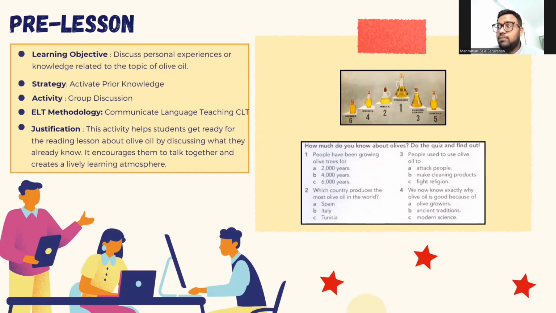As the first step, we show them the types of olive oil in order of 1 to 6, and then we pose 4 questions for each group to discuss about the olive oil before we distribute the printed text to the students.